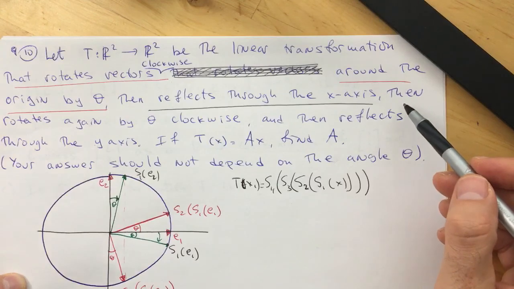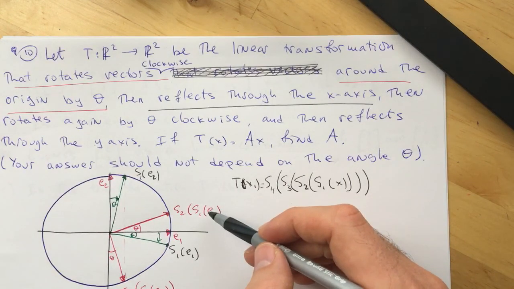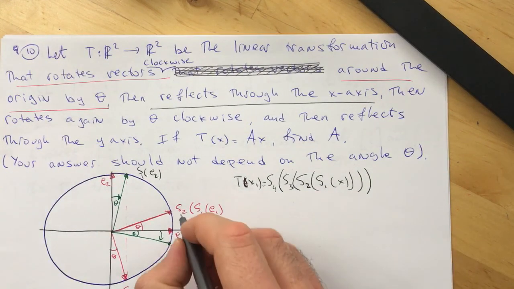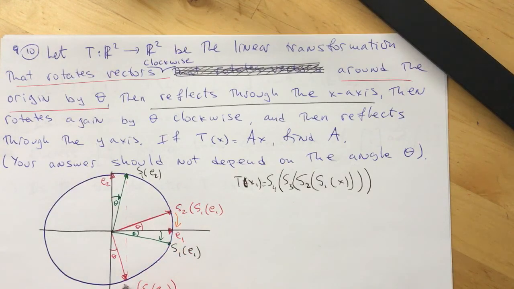So this part here is done, reflection through the x-axis. Then again, whatever is obtained here is being rotated by theta clockwise. So basically this is being rotated by theta clockwise, and this one is being rotated by theta clockwise. So what do we get?